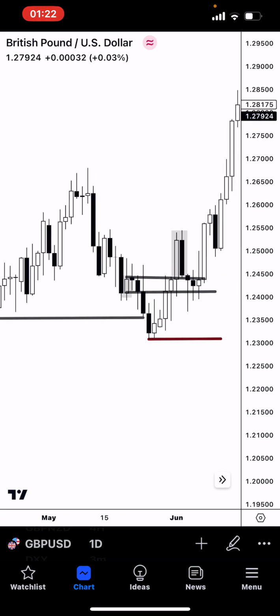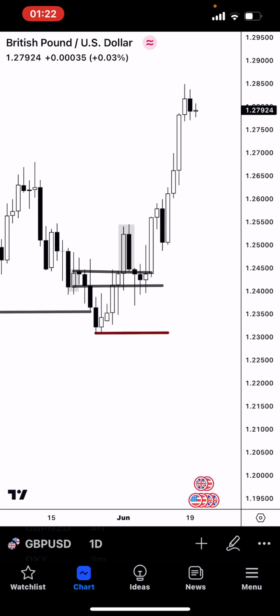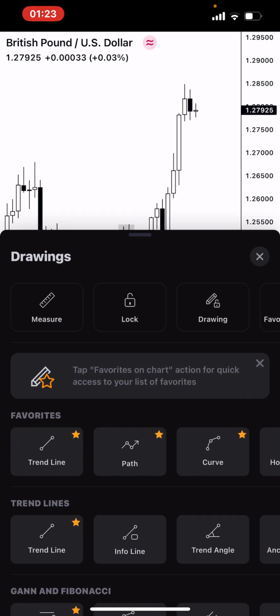When your narrative is clear and your areas of liquidity are set out clearly, then you'll be able to anticipate these order blocks forming. But order blocks alone don't define a trade, because you need to have targets and you need to know where the market is heading.